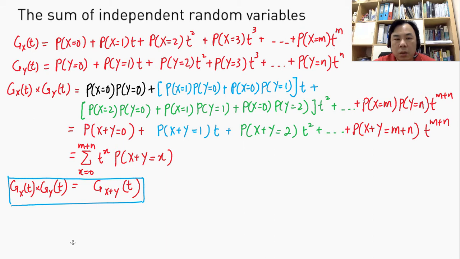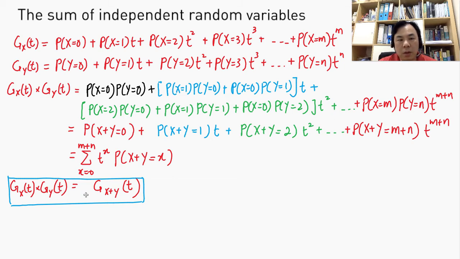Okay, so I hope we are clear with this. So you can see that G of x is given by this, G of y is this. So when you combine them, that is actually the sum of the probability. So therefore, we can write down a combined probability generating function. If you combine the sum, it will be the same as the product of the individual probability generating functions.